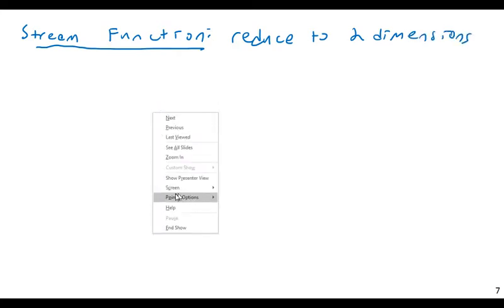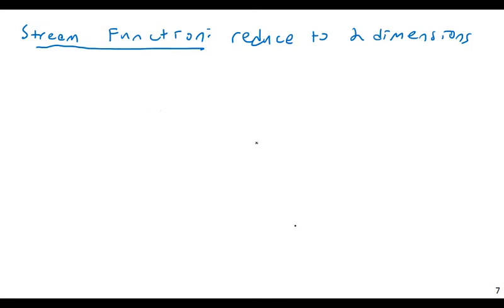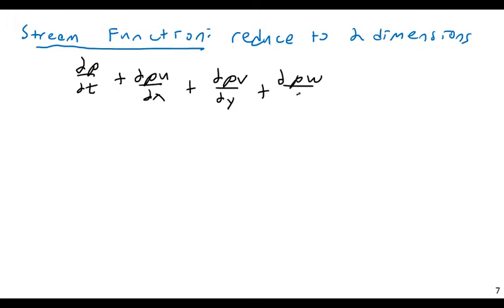So again, we have our continuity equation, which is the partial of rho with respect to t, plus the partial of rho u with respect to x, plus the partial of rho v with respect to y, plus the partial of rho w with respect to z, equals 0.